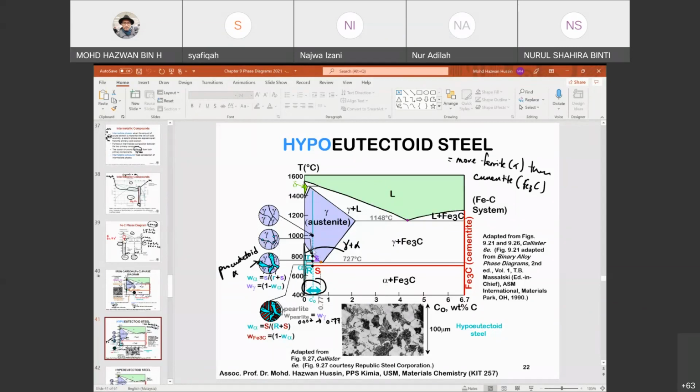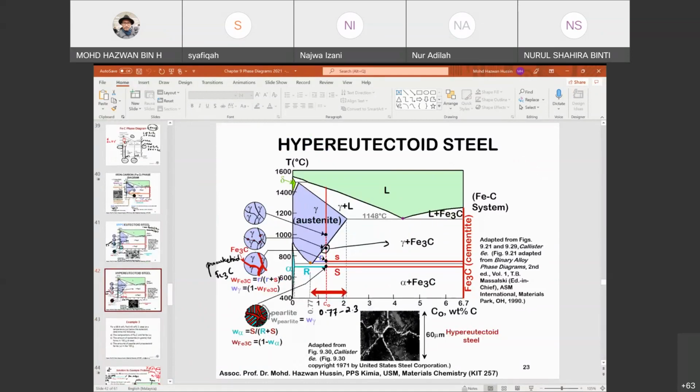When it goes further down, they combine with each other to form pro-eutectoid alpha. Finally, when it reaches the alpha plus cementite region, it forms a microstructure with a background of lamellar structure with pro-eutectoid alpha branch.